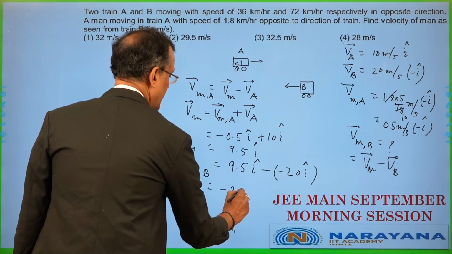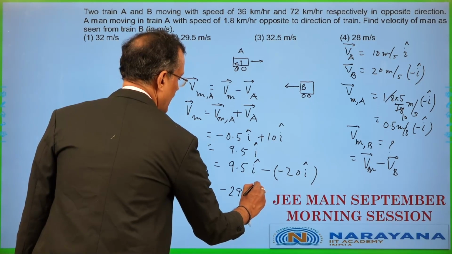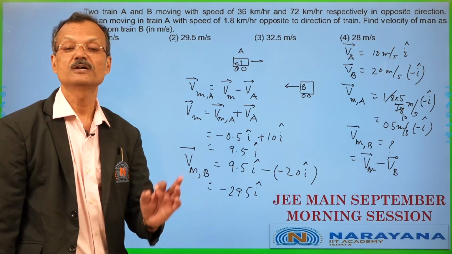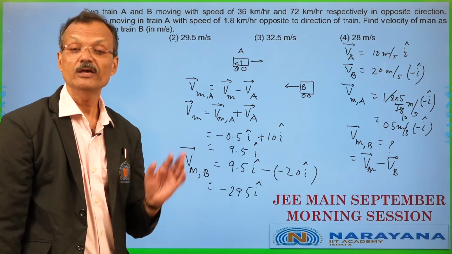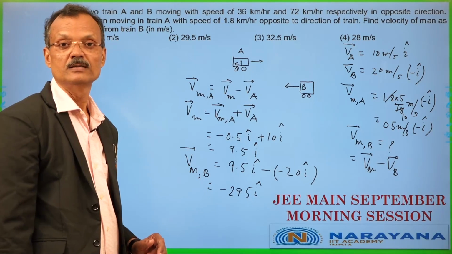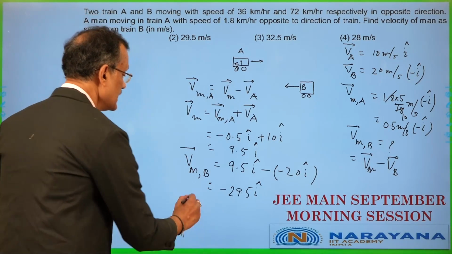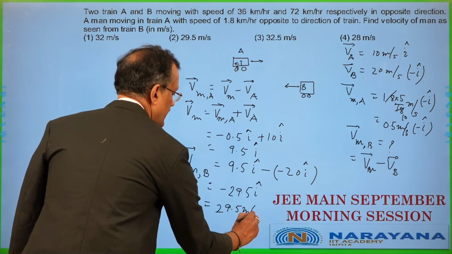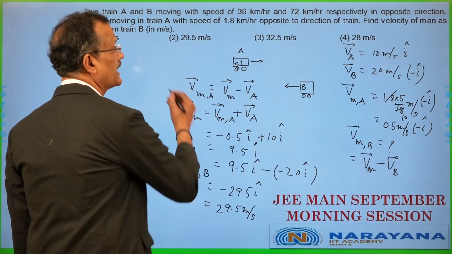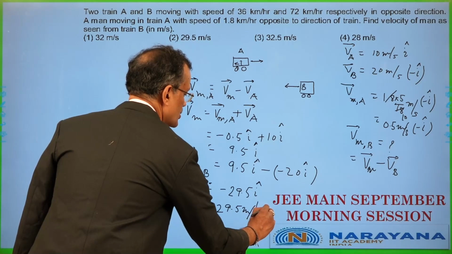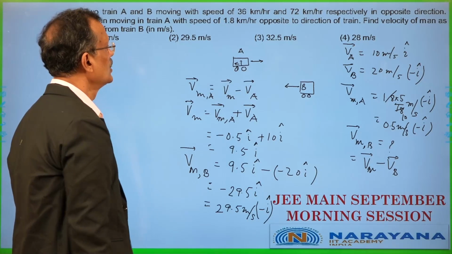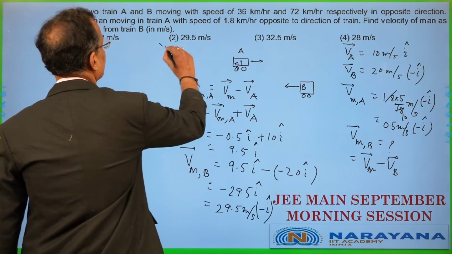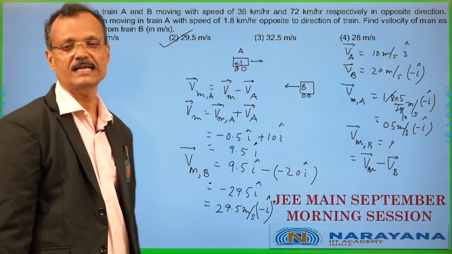Minus 29.5 I. It means that if an observer sitting in train B observes the man, he will feel that he is going with velocity 29.5 meter per second along the direction of train B. Direction is minus I. They are only asking for magnitude, so magnitude is 29.5 meter per second.